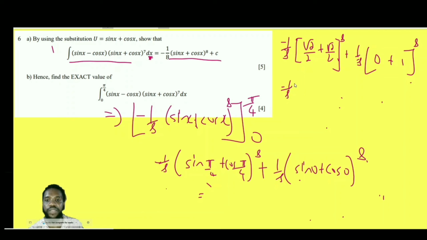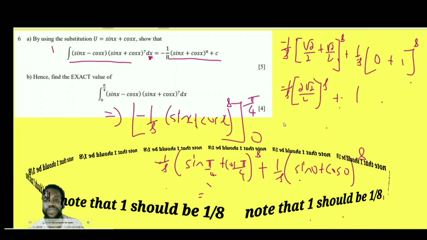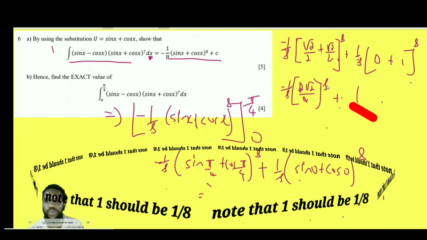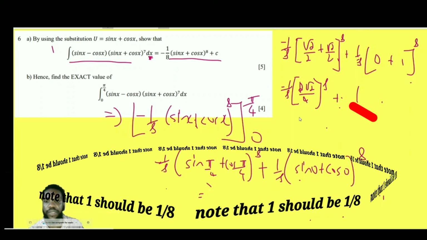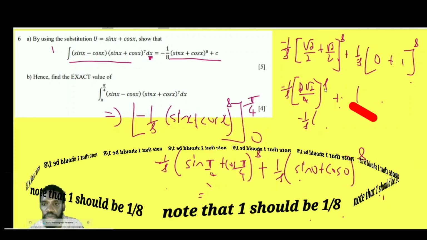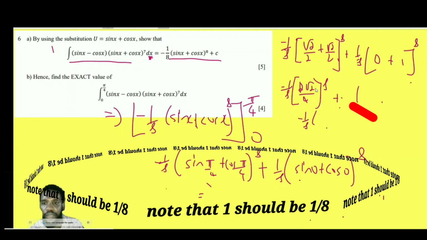So I have negative 1/8 now, open bracket, this is 2 of them, so I have 2 root 2 over 2 to the 8 plus 1. Anything 1 raised to the 8 is 1. So fix this, this is gone. So I'm going to have root 2 to the 8, so negative 1/8 root 2 to the 8.